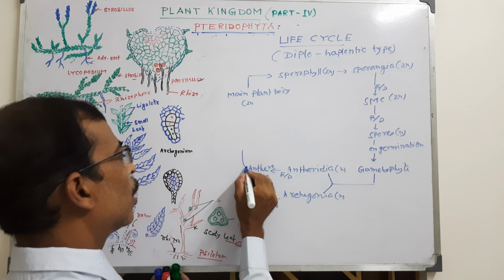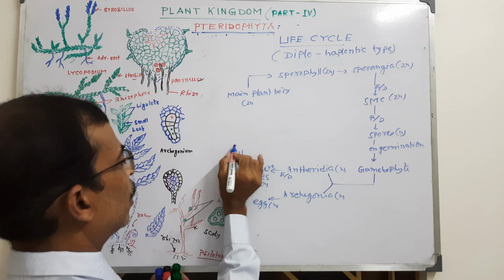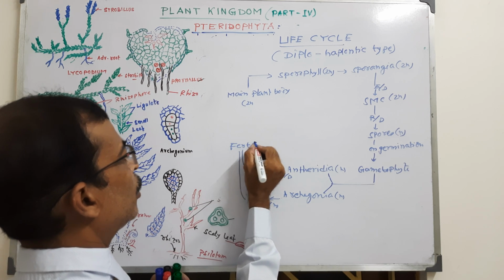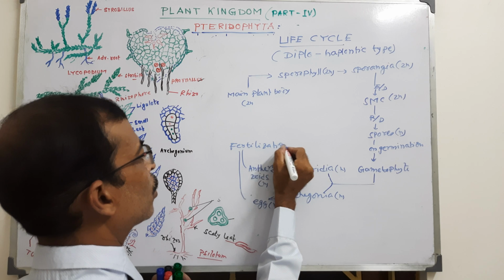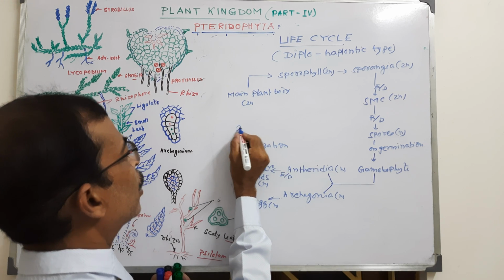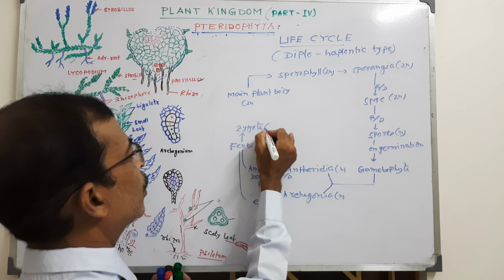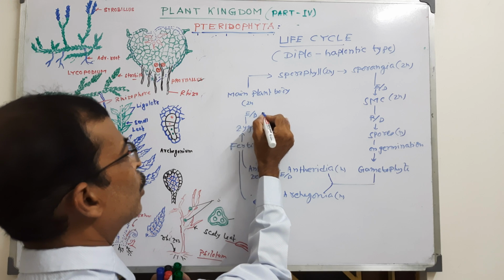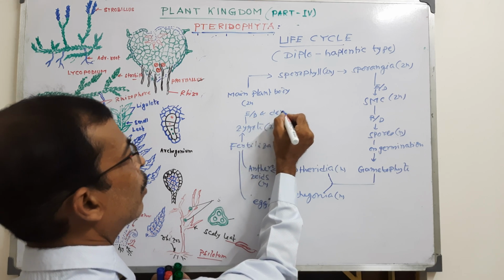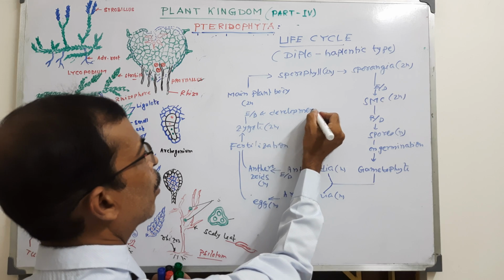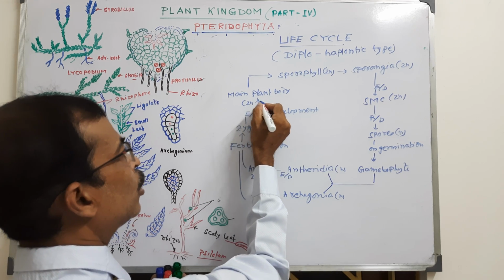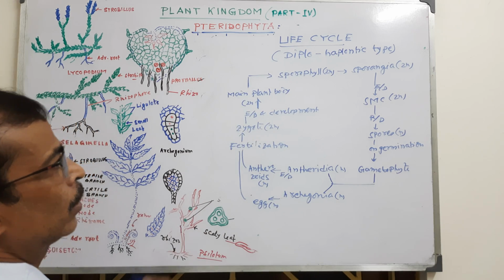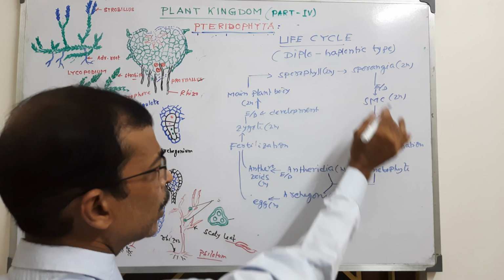Okay, and these two, by siphonogamy type of fertilization, produce the diploid zygote, which on equational division and development produces the new sporophyte, and by growth produces the mature main plant body. In this way they complete their life cycle.